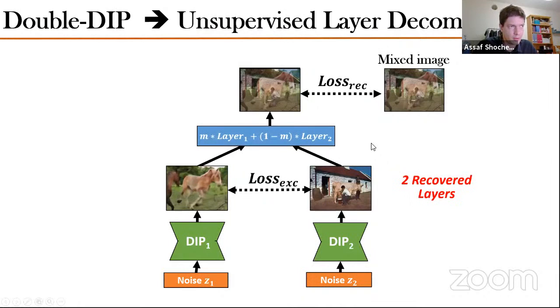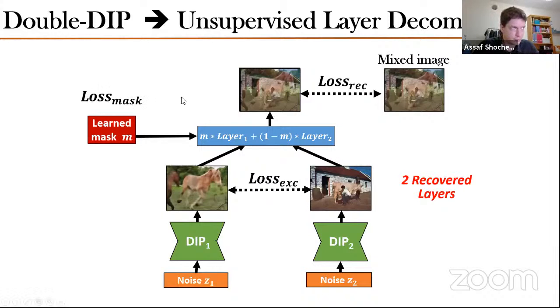Now, you should know that this doesn't have to be just simple summation. We can use a mask, saying that we're going to multiply one layer by a mask and the other layer by the anti-mask. And this mask can be learned. The regularization over the learning of the mask is what determines the task that we're going to perform.